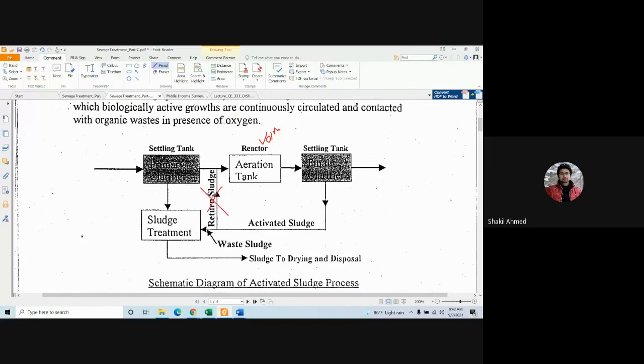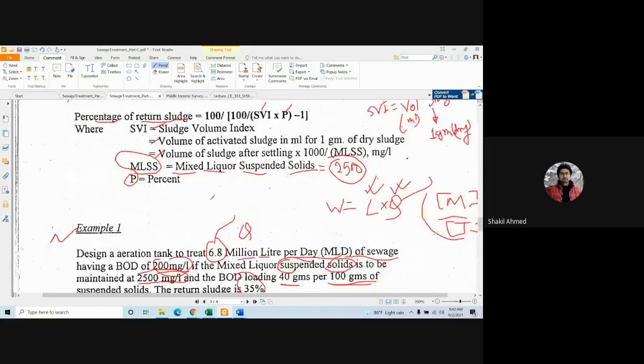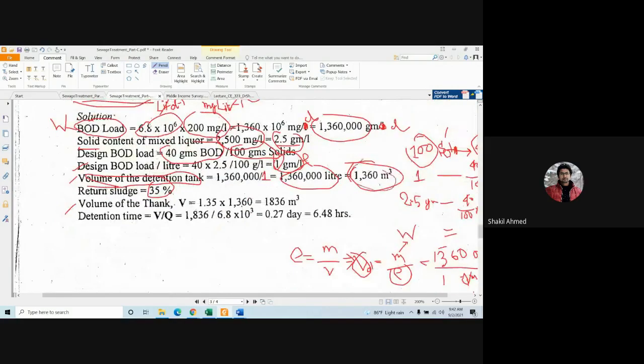If you don't return the sludge, then this Q is coming here, so the volume requirement will come from this Q. But now you are returning the sludge, and this is 35% of this Q. So together, this is 0.35 into Q. Together, this QT will be Q plus 0.35 into Q. That means 1.35 into Q. So the volume of the tank will be this volume multiplied by 1.35 because you are returning 35% of the sludge.